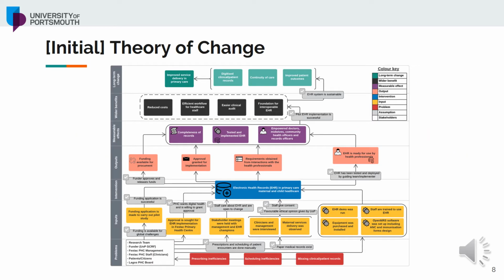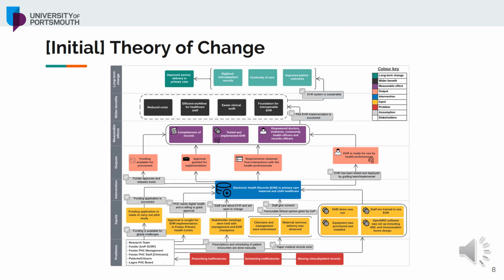This is the initial theory of change, where the long-term goal was to improve service delivery in primary care, and then we mapped our way back into the preconditions, which include the problems of prescribing and scheduling.